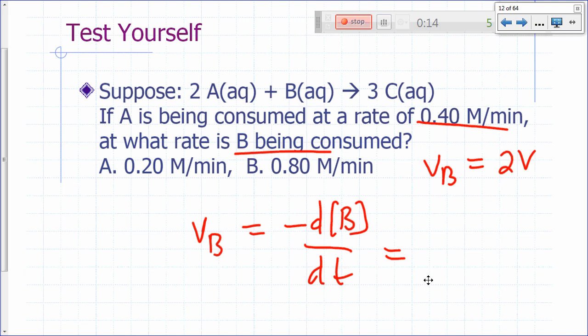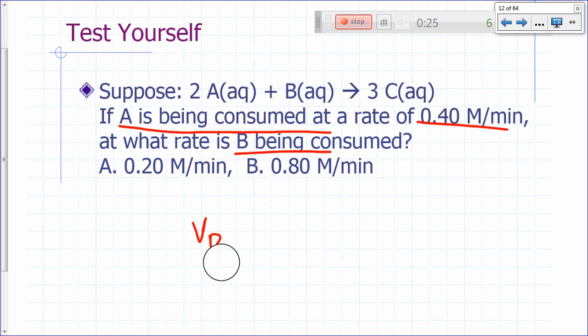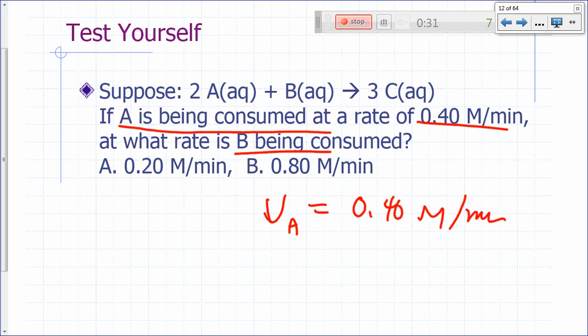Oh, I'm sorry. This is not the rate of reaction. This is the rate of consumption of A. My mistake. All right. You're given that V sub A is 0.4 moles per liter per minute. I'm not reading my question right. What is V sub B?